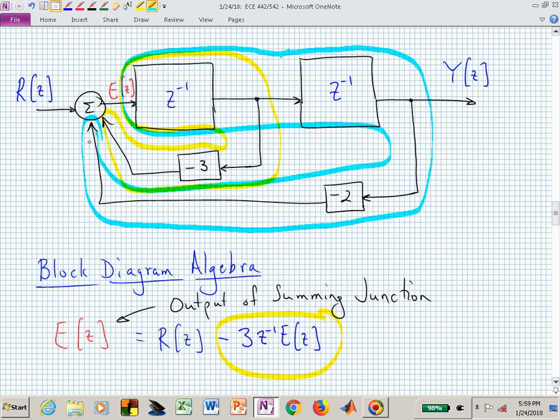And that's now my next expression, which is equal to what? Minus 2 z to the minus 1 times z to the minus 1 E of z. So I went all the way back to E of z. And then I was able to say that's far enough.